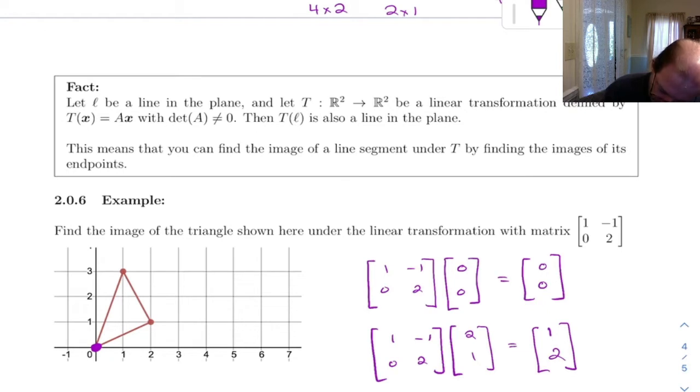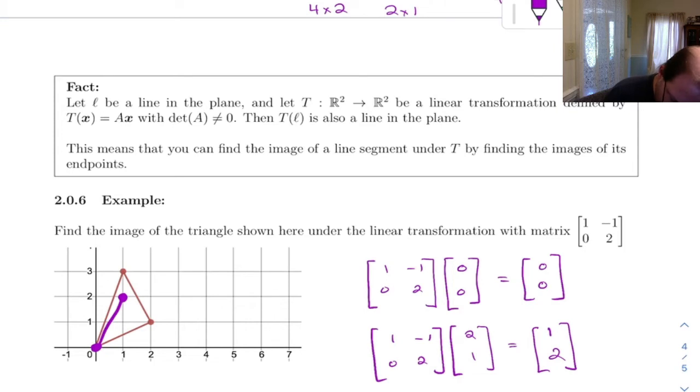So this gets mapped to the point 1, 2. That's this point up here. And we can just connect these with a line.